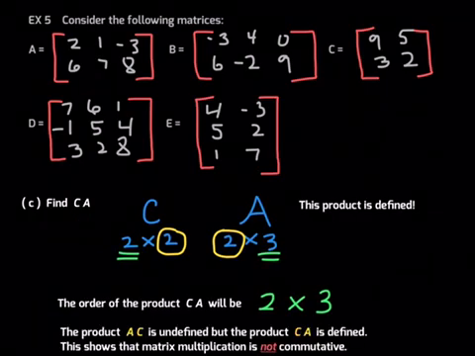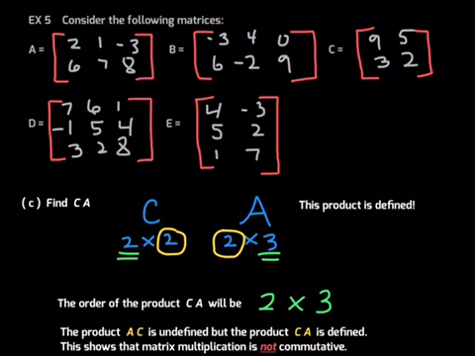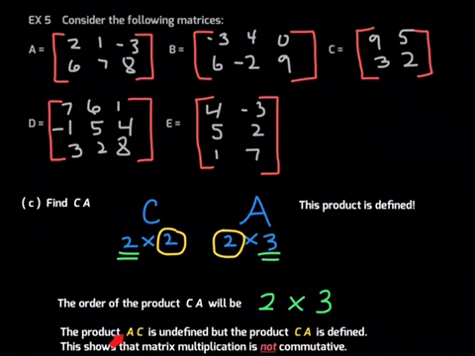So this is what I wanted you to add to your notes. In the previous example, we were asked to find the product A times C, and we couldn't. It was undefined. But then when you turn the multiplication around, C times A, that is defined. That shows you that matrix multiplication is not commutative.